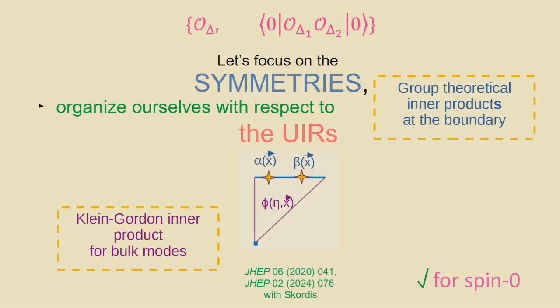And along the way, we learned that while we can normalize the bulk field modes with the good old Klein-Gordon inner product, what happens for the operators at the boundary and the states they can give rise to is more subtle. There you have to go and look at these group theoretical inner products.